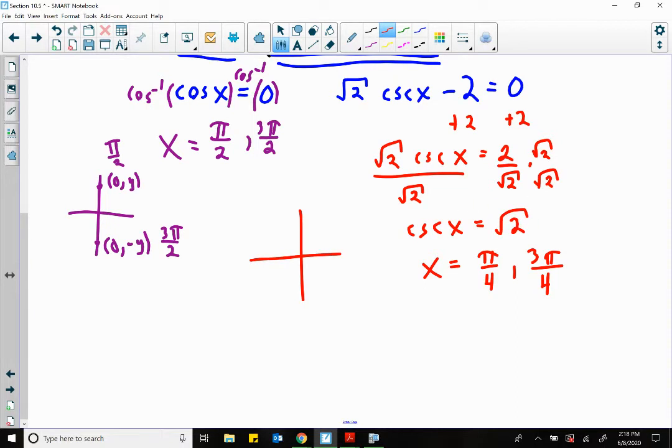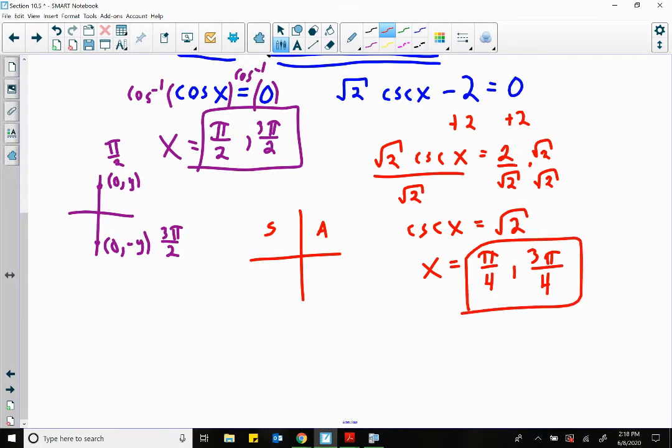When is cosecant positive? In quadrant 1, because everybody's positive, and in quadrant 2, because cosecant is the reciprocal of sine. So that makes sense. There are your answers. You actually have 4: pi over 2, 3 pi over 2, pi over 4, and 3 pi over 4.